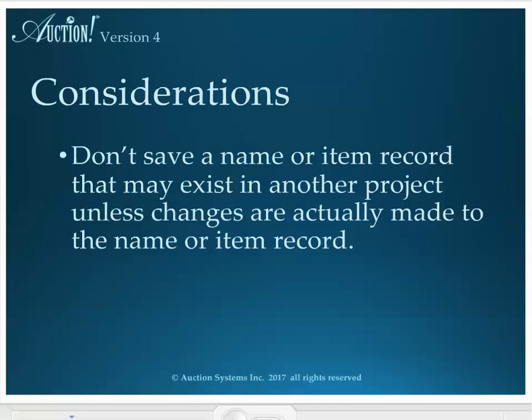Bob has a copy of the preliminary project and he is entering new reservations into his copy of the project. On September 1st, Bob gets a reservation from Tom Miller and he realizes that Tom Miller is already in his project as Thomas Miller. He knows Tom Miller personally and therefore knows that Tom prefers Tom to Thomas. So Bob makes that change in the name record and saves it on September 1st.